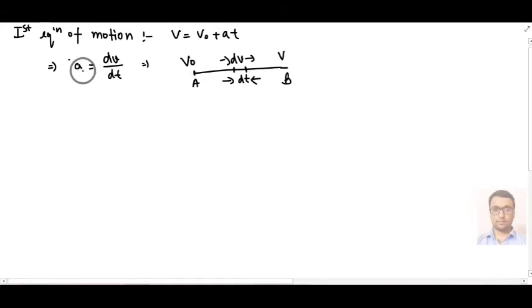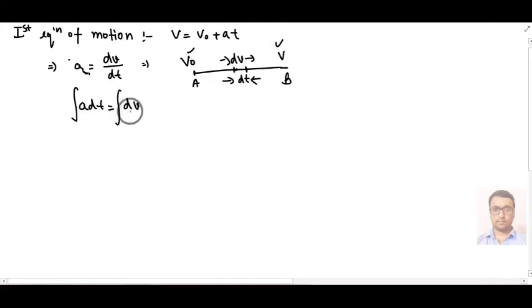So this is actually the instantaneous acceleration at this point. From here we can write that a dt equal to dv, and if we want to calculate initial and final values of velocity, then we have to integrate on both sides.